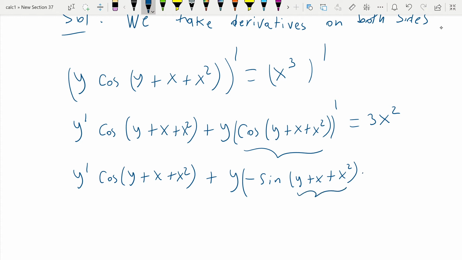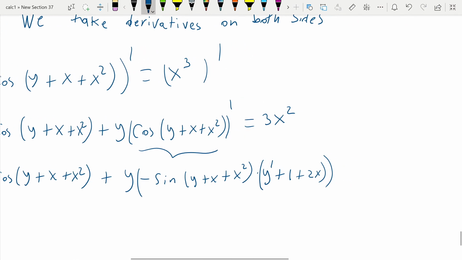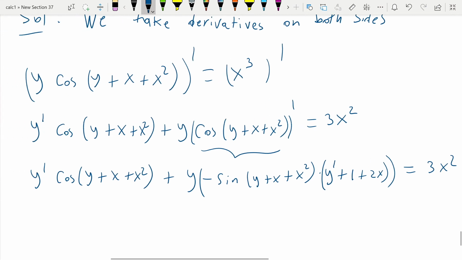Remember that we're not differentiating with respect to y, so we don't get 1 when we differentiate this, we get y prime. So this becomes y prime plus the derivative of x with respect to x, which is just 1, and then plus 2x. And this is equal to 3x squared.